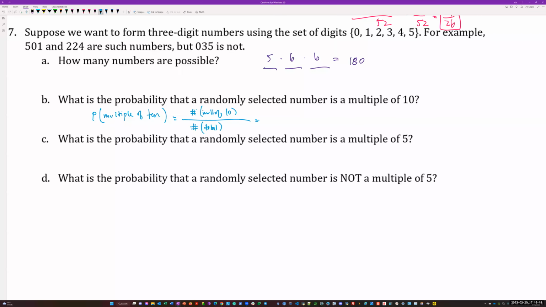Well, we already did the total. 180. I'm just gonna write it as 5 times 6 times 6 though. What about the multiples of 10? How are we gonna do that?